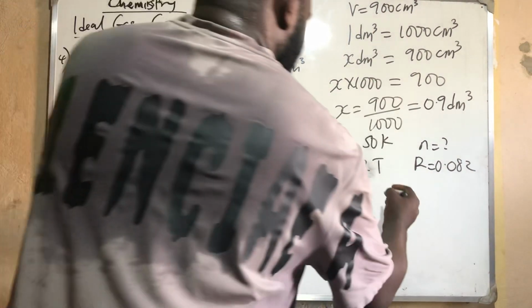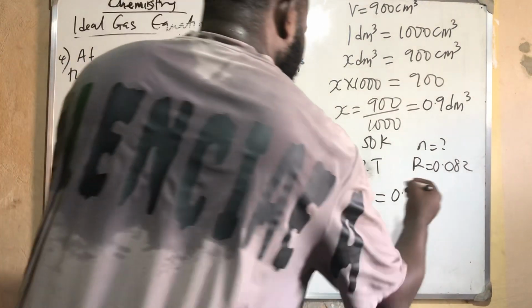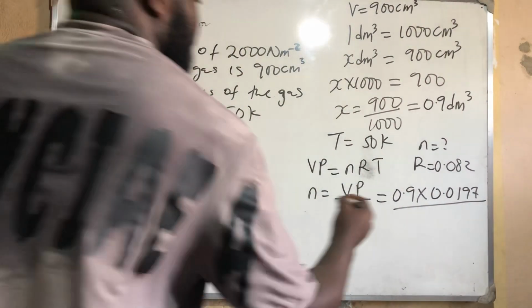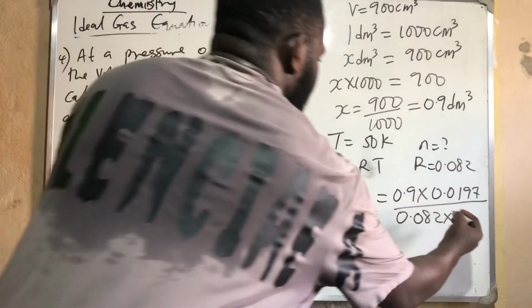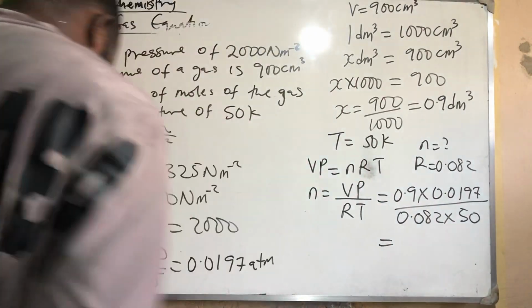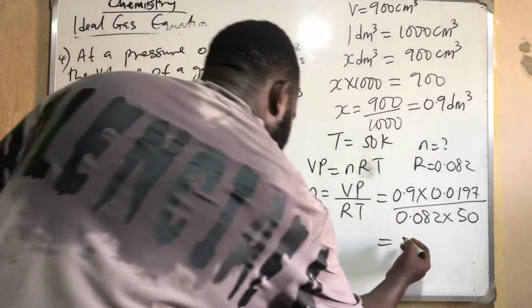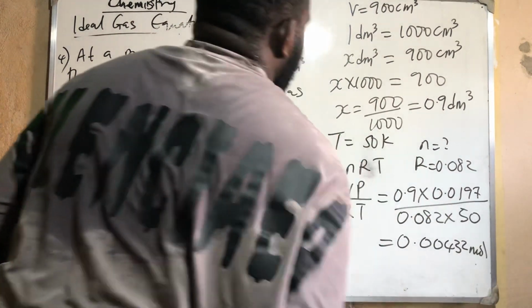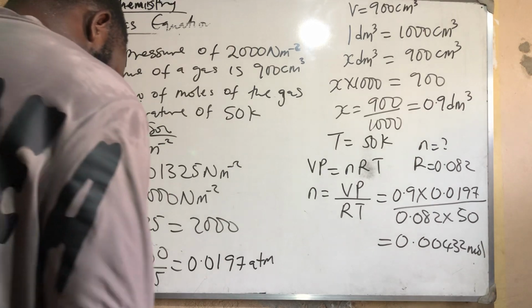My volume is 0.9, my pressure is 0.0197, divided by 0.082 times the temperature in Kelvin, which is 50. If you do everything, you will get 0.00432 mole. Okay, so that is that.